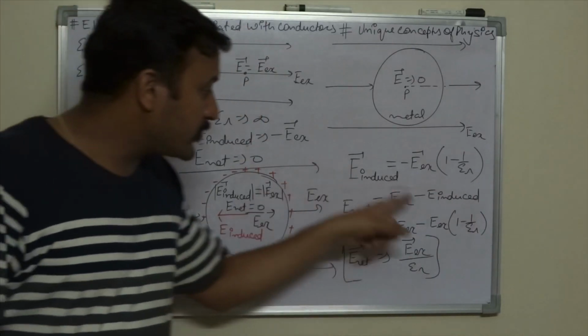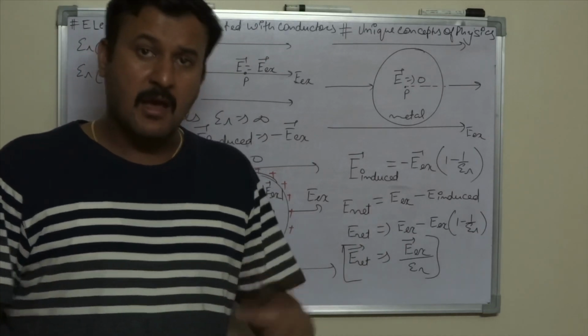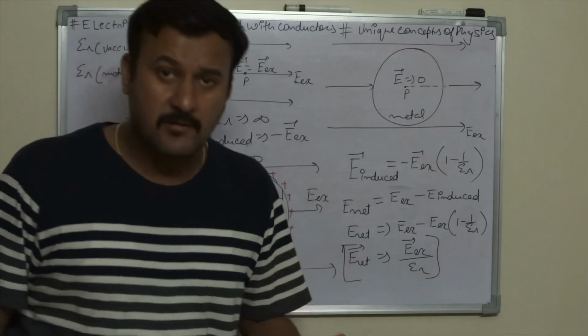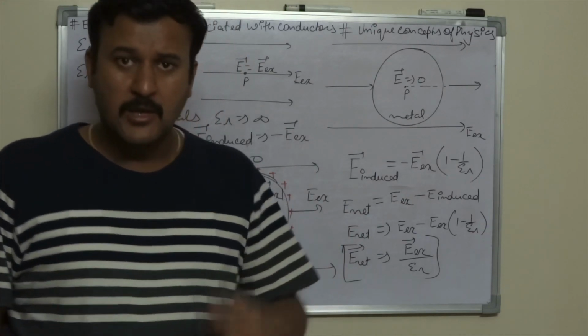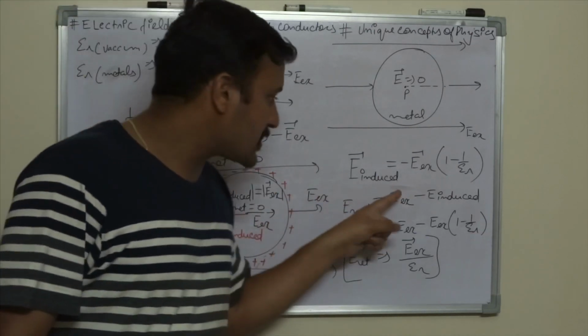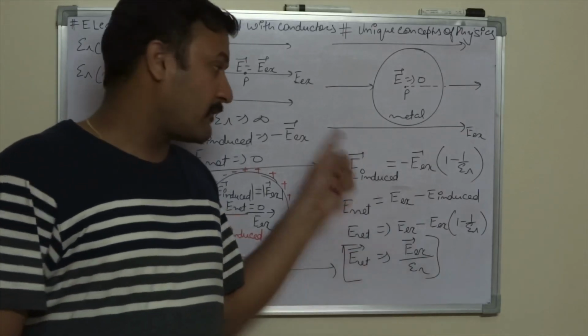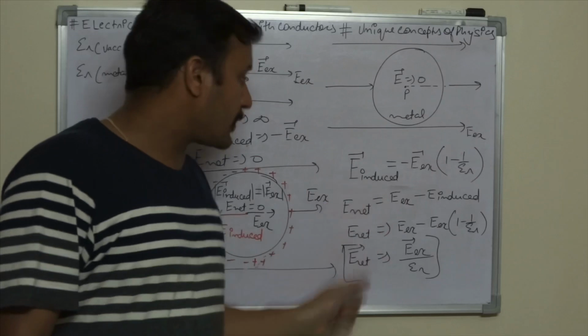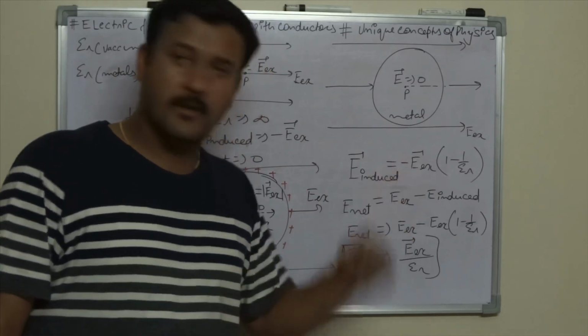I am using this minus sign because I am already assuming that the induced electric field is in the opposite direction of the external electric field. You can also solve this equation in vector form, and if you use the induced electric field in vector form, then automatically this minus sign would come here.